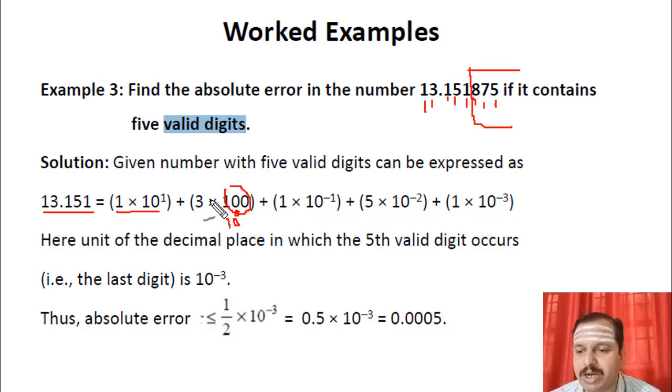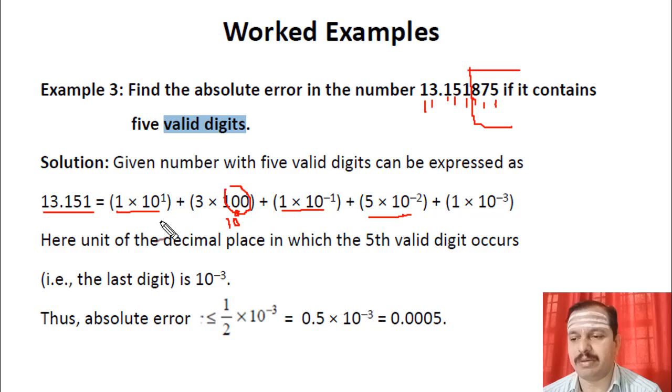So 3 into 10 to the power 0, plus 1 in the tenths place, that is 1 divided by 10, that means 1 into 10 to the power of minus 1. This number 5 is 5 into 10 to the power of minus 2, because it is 0.05, that means 5 by 100, therefore it is 5 into 10 to the power of minus 2. As far as this digit is concerned, how is it?